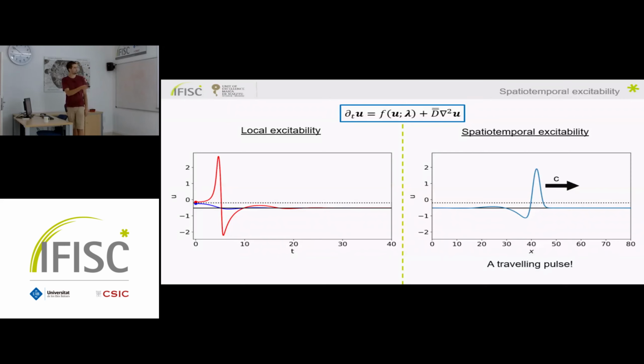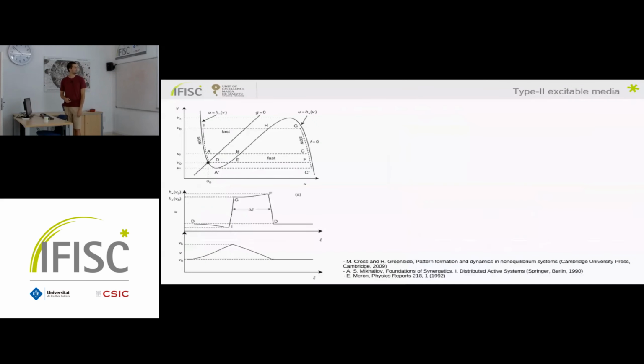First it's going to go up, just as in the local stability case, then it's going to go down and damp to the rest state. So there is this transcription of time into space. In the case of type 2 excitable media, this is well studied in the literature, and these pulses can be interpreted and related with temporal dynamics.